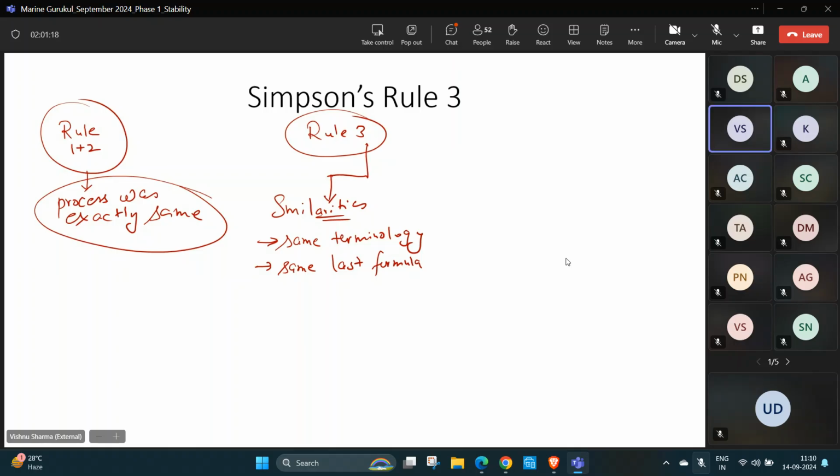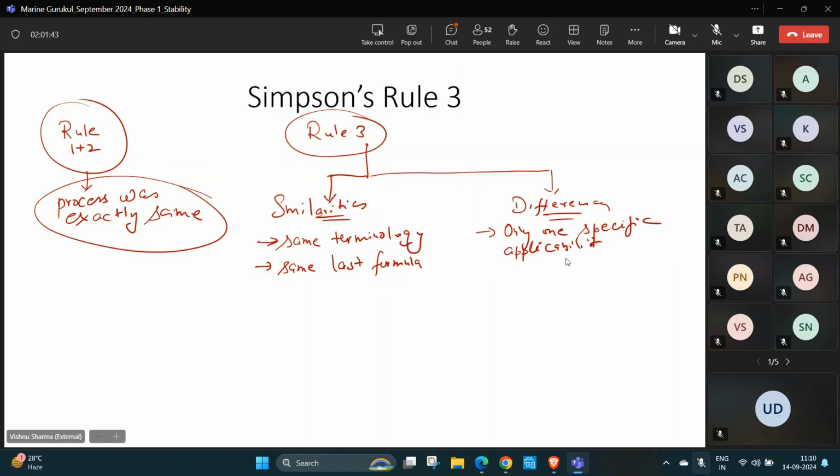What are the stark differences? It has only one specific applicability criterion, only one, nothing like minimum and more and thereafter.